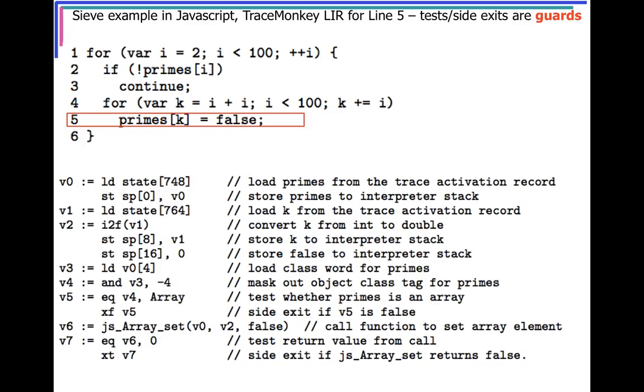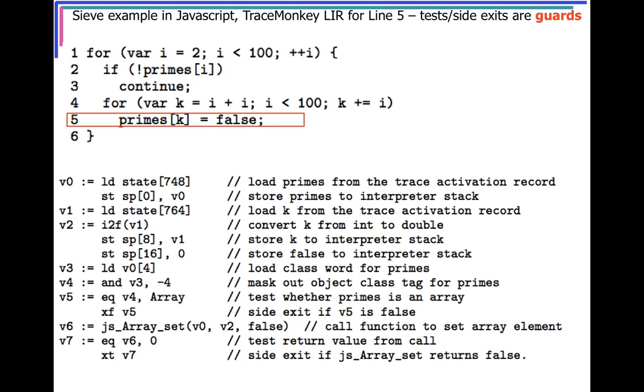Note that this one line produces this LIR. This LIR is extremely verbose, again showing you that native code is much bigger than high-level bytecode or JavaScript code. Part of why this code is so big is because of the low-level native instructions, but also because of all of the guards that are needed to verify that the types of our variables stay the same. That is, k holds its same type, and primes holds its same type throughout the execution of this inner loop.